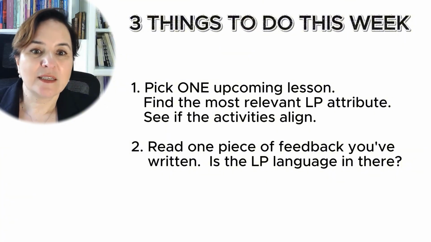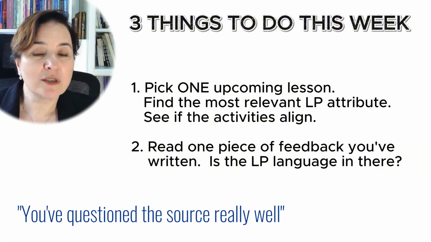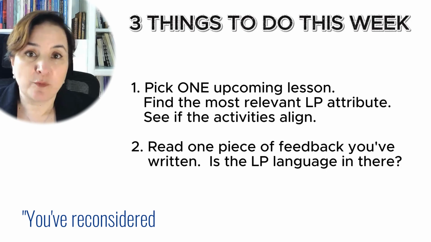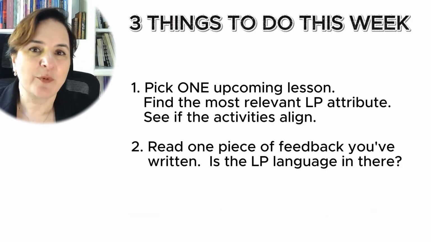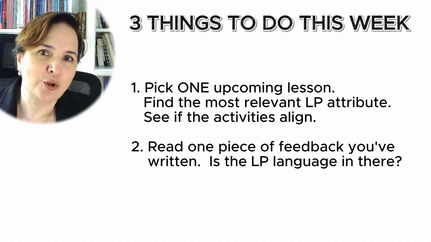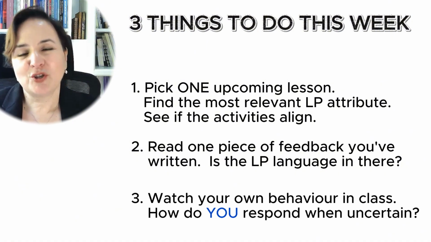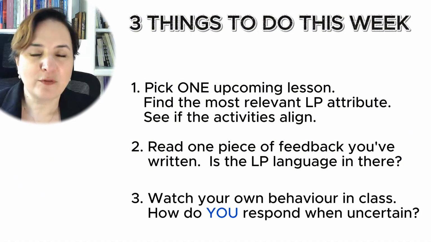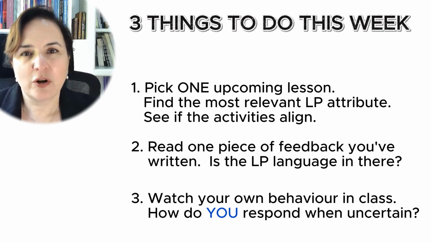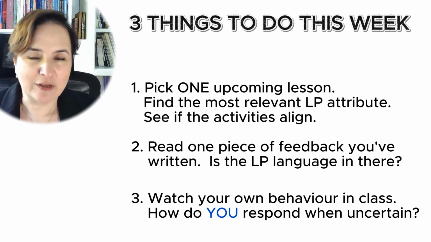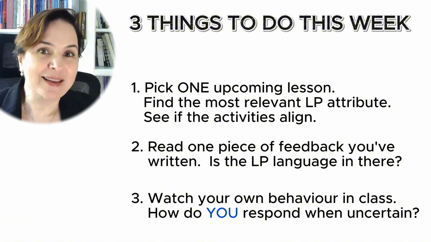For instance, you've questioned the source really well. You've reconsidered your position when you found new evidence. That's the type of language that it's important to use. And finally, notice your own professional behavior through the lens of the learner profile. How do you respond when you're uncertain in front of students? That's the learner profile in action.